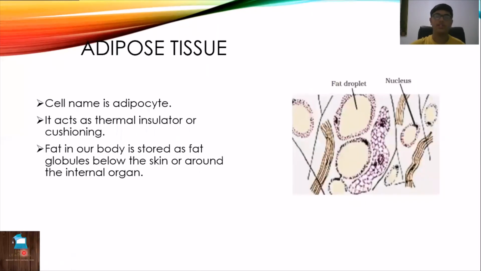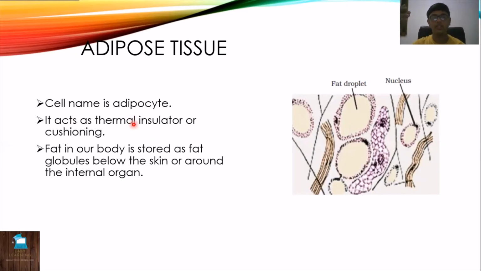Next is adipose tissue, or fat tissue, you can say. These are fat droplets, and this is the nucleus. The cell name is adipocyte, and it acts as a thermal insulator or a cushioning structure in your body.